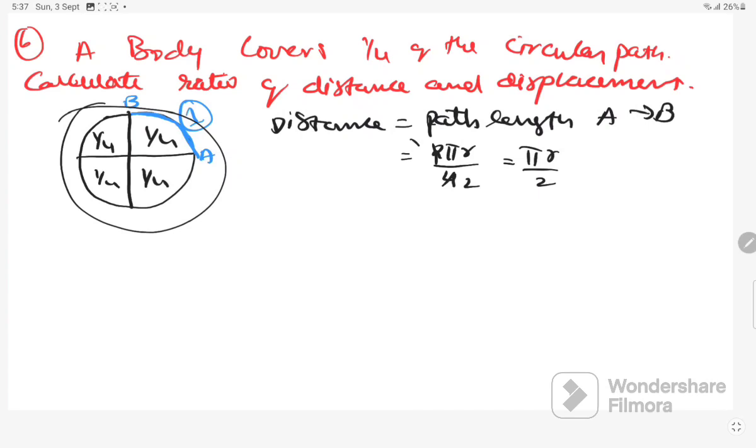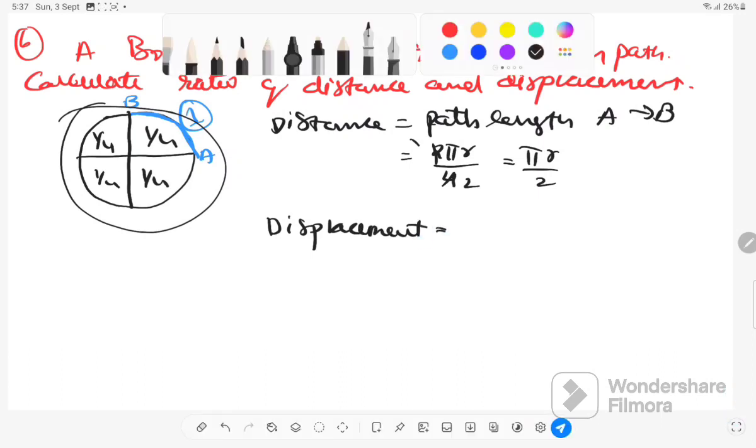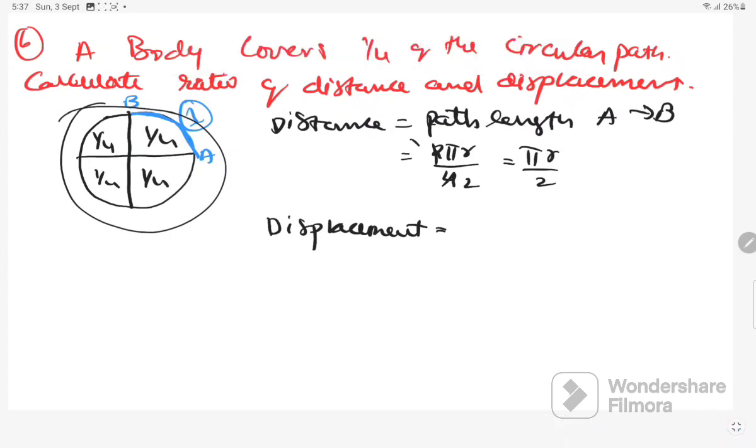Now look at the displacement. Displacement will never be that easy, you always need to understand this concept clearly. Distance will in most cases be straightforward, the complete journey traveled, but displacement is not always straightforward. Displacement is the straight line distance from A to B, this straight line is the displacement.